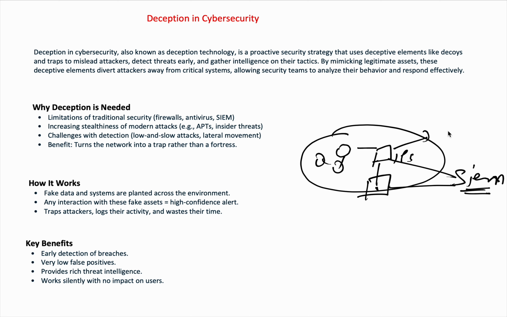IPS would be used to basically block malware based on signature. And on the firewall itself, either we would have an AV or any advanced threat protection or a sandboxing.